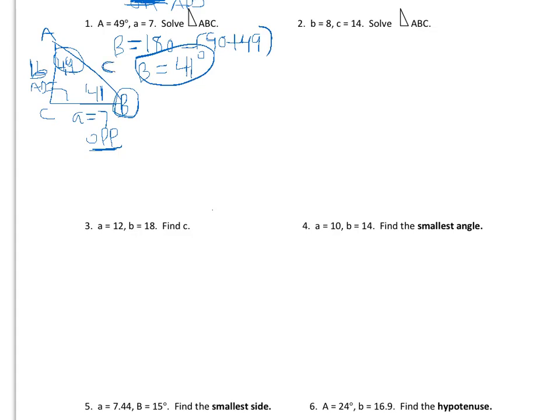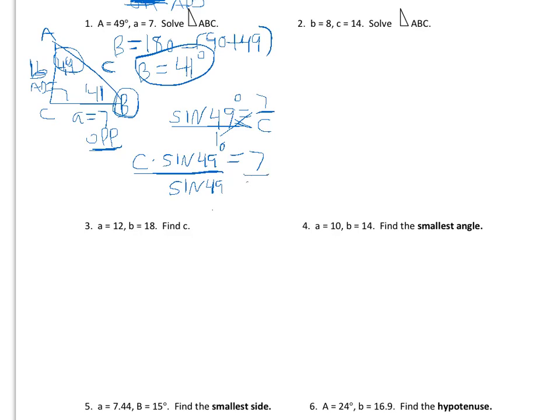So if I'm using opposite and hypotenuse, I'm going to do sine. So sine of 49 degrees equals opposite over hypotenuse. This is 7 over c. And again, I get to put this over 1. So this cross product is c times the sine of 49 degrees. This equals the other cross product of 1 times 7, which is 7. Just divide both sides by the sine of 49 degrees, and you're going to get what little c is.